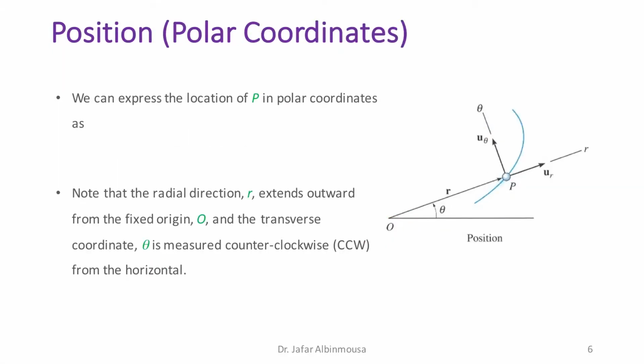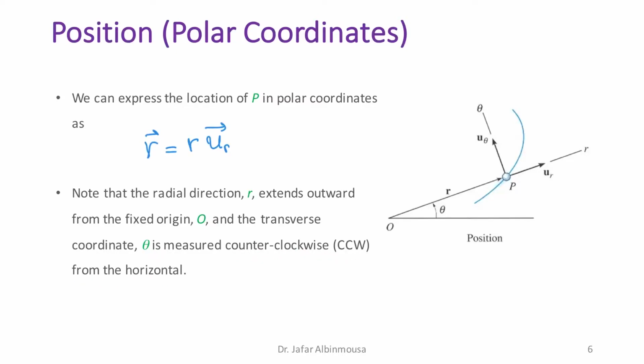So based on what we talked about in the earlier slide, we can express the location of the particle P in polar coordinate system as r, which is equal to magnitude r multiplied by unit vector ur. But you have to note that the radial direction r extends outward from the fixed origin, which is right here, and the transverse direction is measured counterclockwise from the horizontal.